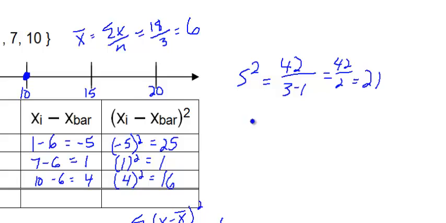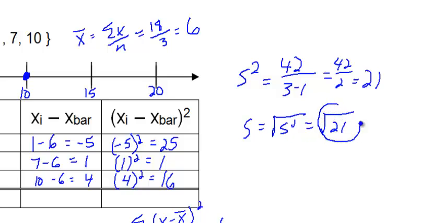So to compute the standard deviation, all we have to do is take the square root of the variance, and we see it's the square root of 21. So if we look back at the first video, at the first data set, this is exactly the same value that we got from the first data set.